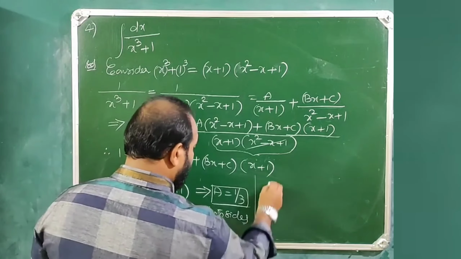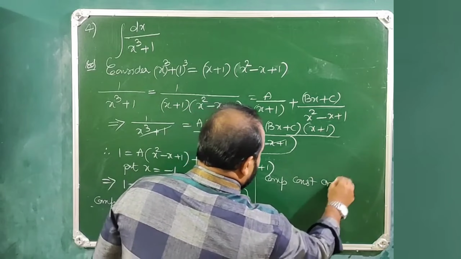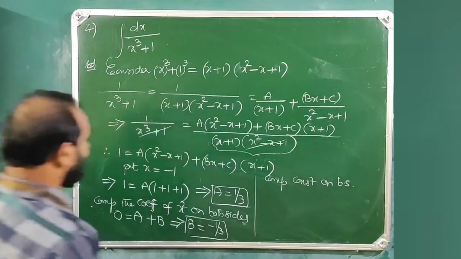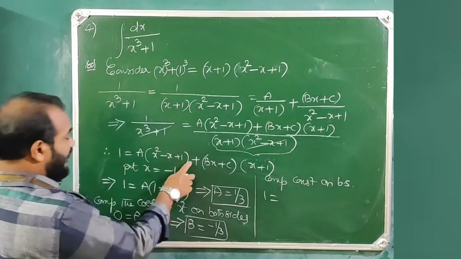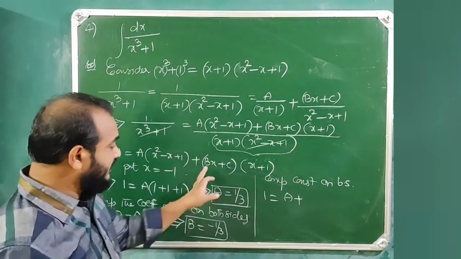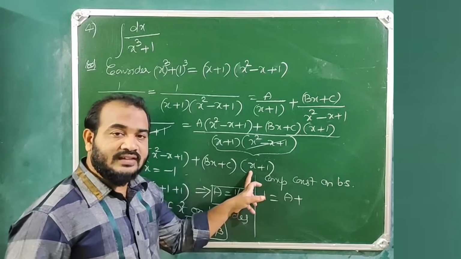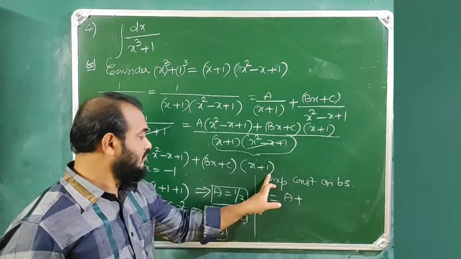Now, comparing constants on both sides. The constant on the LHS is 1. So 1 into a is a. Bx into x is bx square, that is an x square term. Bx into 1 is bx, that is an x term.